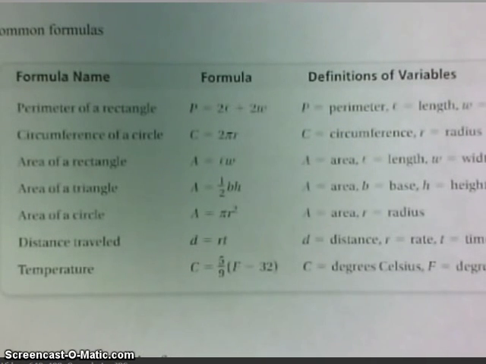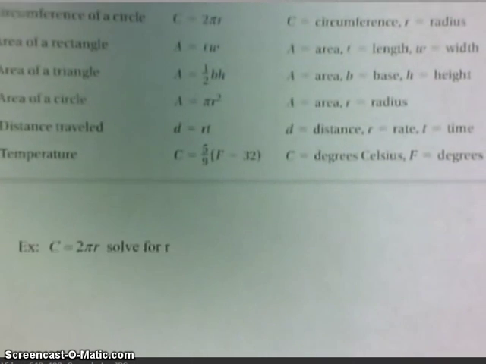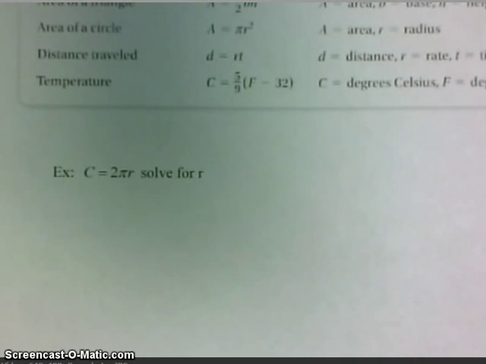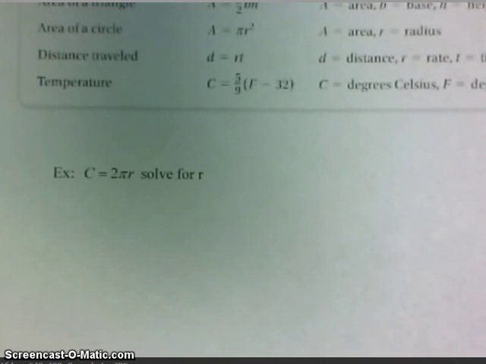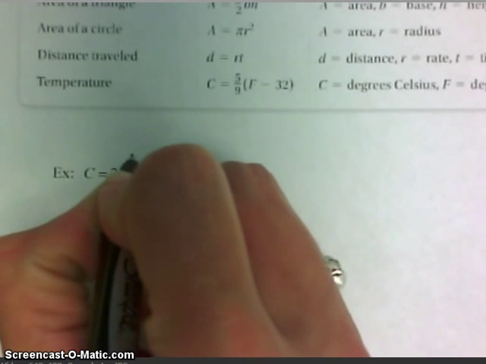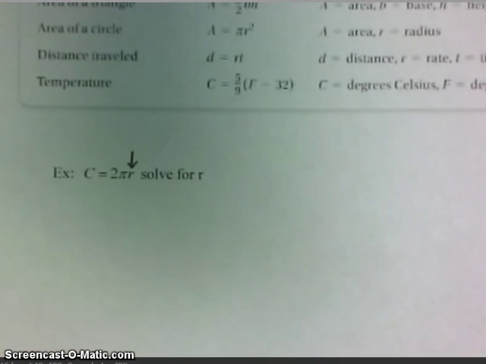So when we are talking about formulas, we may be given a formula like this example. The circumference of a circle is 2 pi r, and they want you to solve for r. Okay, well look at what you have here. I do not want to move this r. What's stuck to it? There's a 2 and a pi. Both of those are stuck to r.